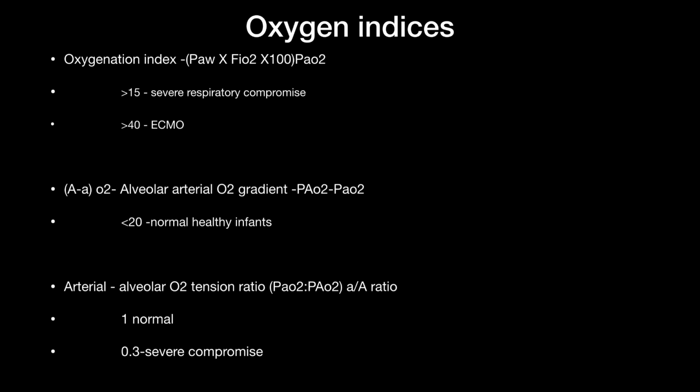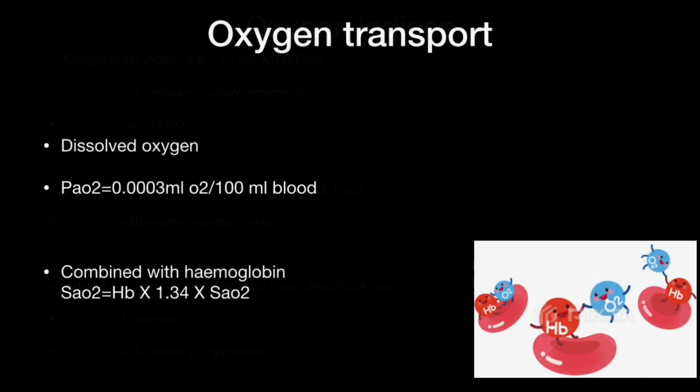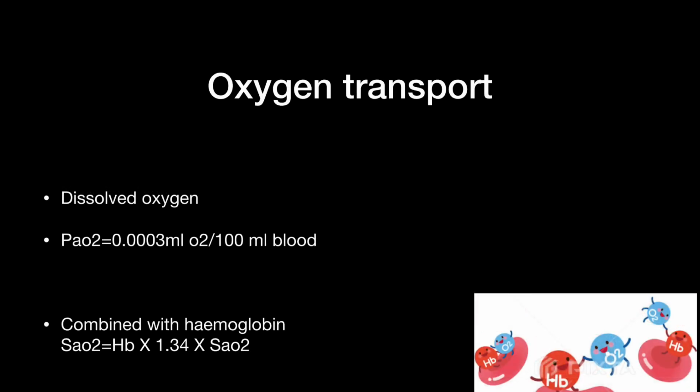Now, coming to the next part of the topic, oxygen transport. Oxygen diffuses from the alveolar capillary membrane to the blood in the surrounding capillary till the PO2 in the capillary is equal to that of the alveoli. This process is normally completed by the time the blood has passed about one third of the way along the pulmonary capillary.